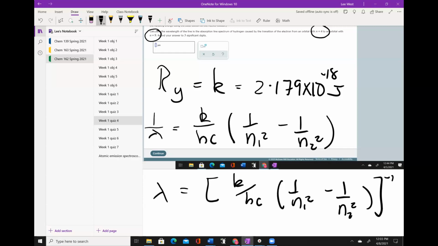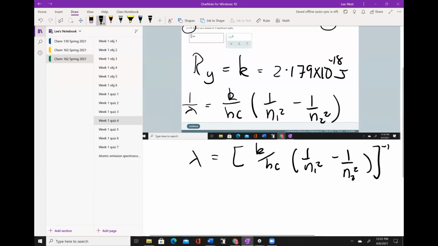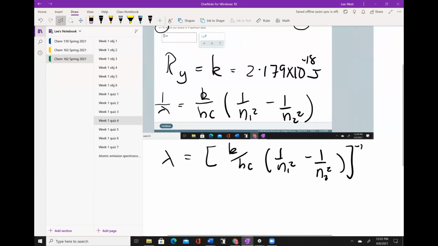So what we'll need to do is turn that into, in this case it wants micrometers to 3 significant figures. So we'll have to do a little bit of finagling to get it into micrometers. So let's write it out with all of our units because we want to show our instructor that we know what we're doing.